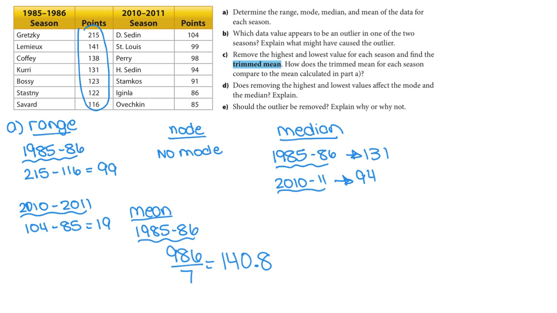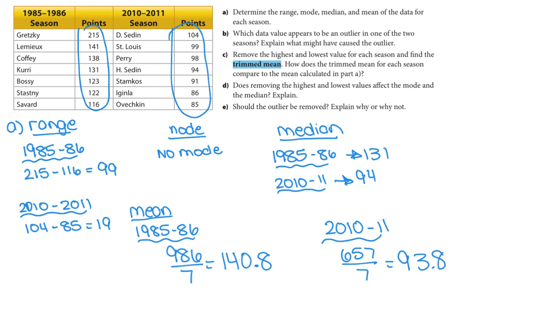If we do the 2010-2011 season and we add up all the values, we get 657, and there are 7 values, so the mean would be 93.8.